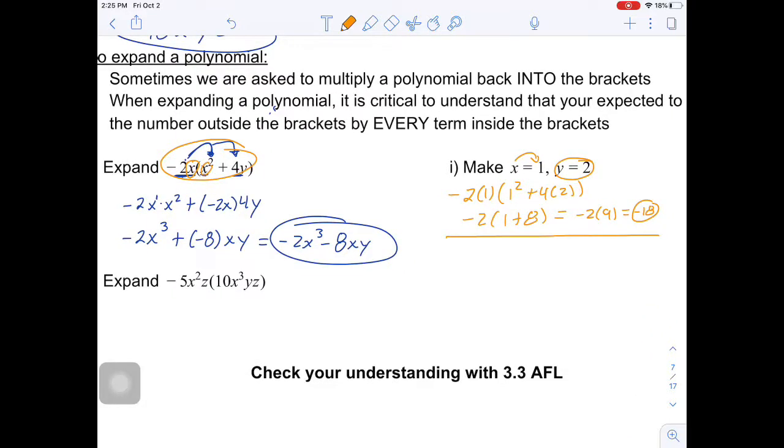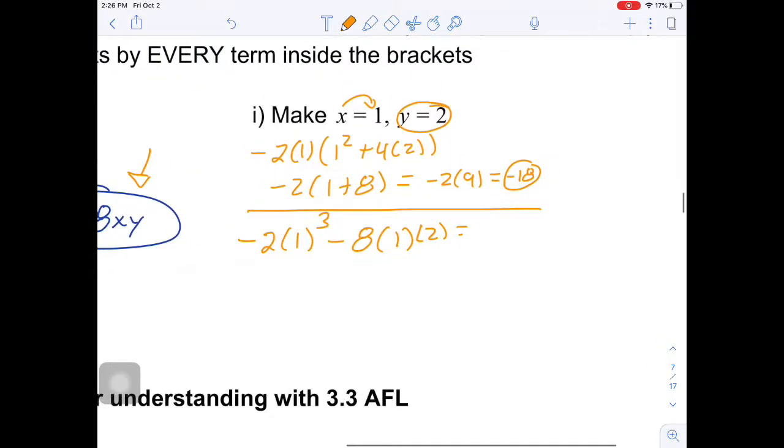Now recognize I could also use this expression. Negative 2 times x, which in this case is 1, cubed, minus 8 times x, which is 1, times y, which is 2. And let's simplify that.